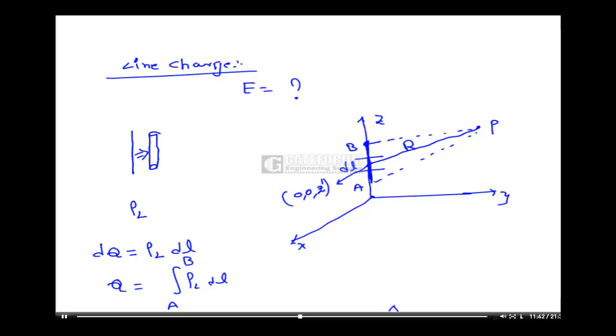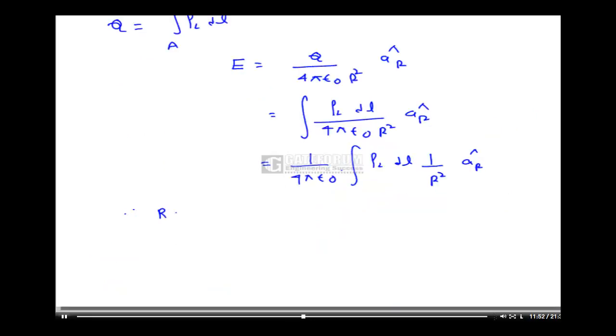So this point is x y z, because this is any point, it may be x y z, a general point. Therefore r is equal to x y z minus 0 0 z dash, that is given by x ax cap plus y ay cap plus z minus z dash az.